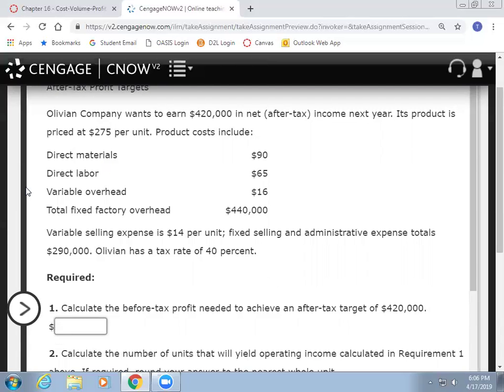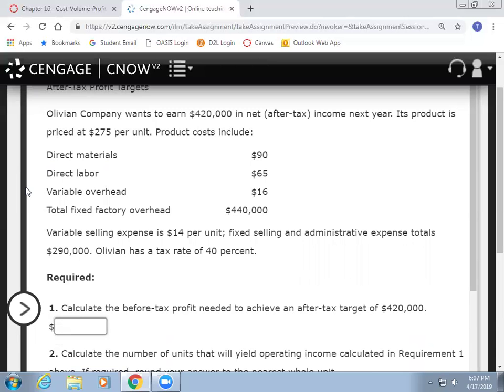So we're going to take the $420,000 that we want to get to, and divide it by 1 minus the tax rate. So in other words, 1 minus 0.4, or 40%, so we're going to divide by 0.6. Okay. So we'll take $420,000 divided by 0.6, which is 1 minus the tax rate.